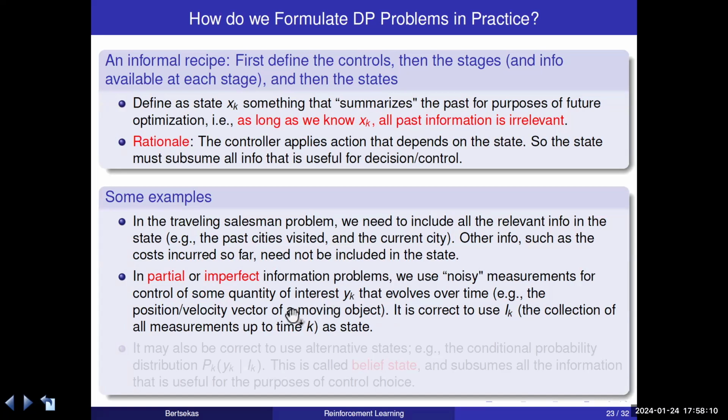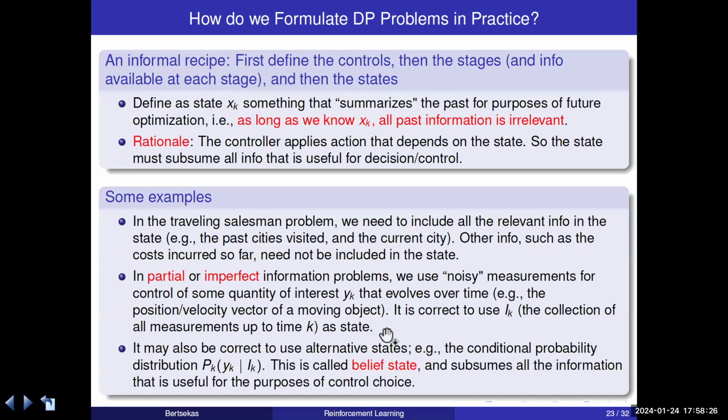But if you don't know these exact values, then it is correct to use the measurements in place of those. All the information that you have up to that time, that would be the state. That would be the state of information. But there's an alternative also, which is some kind of probabilistic state.